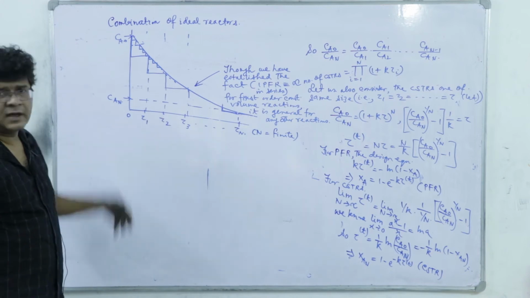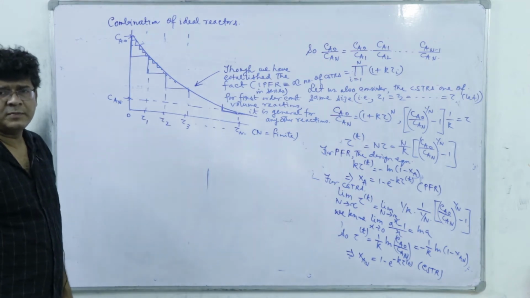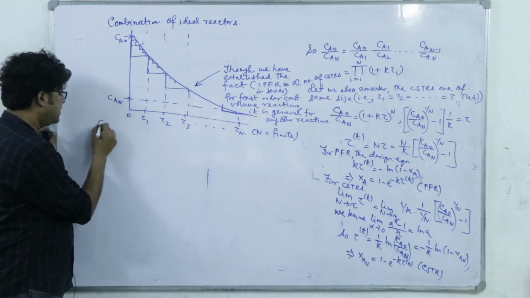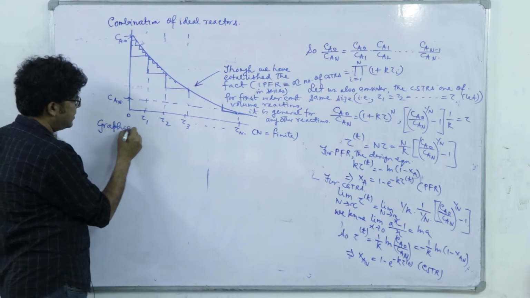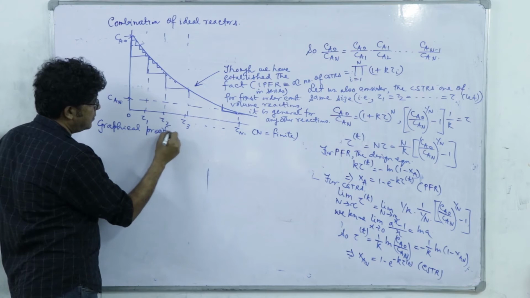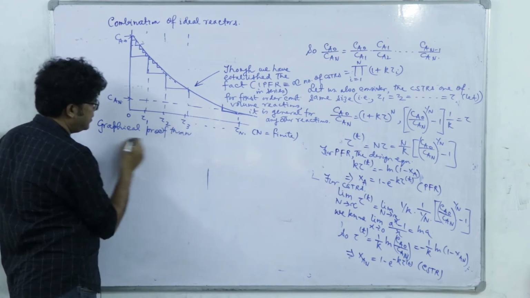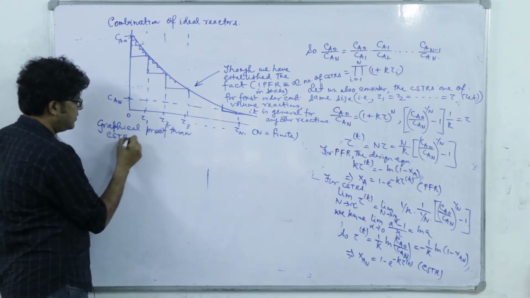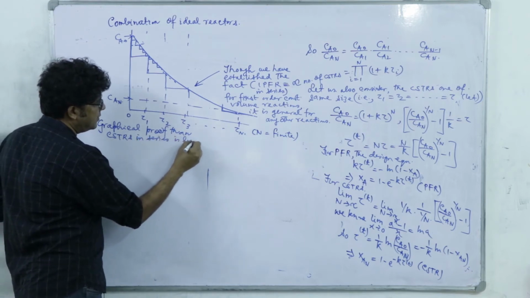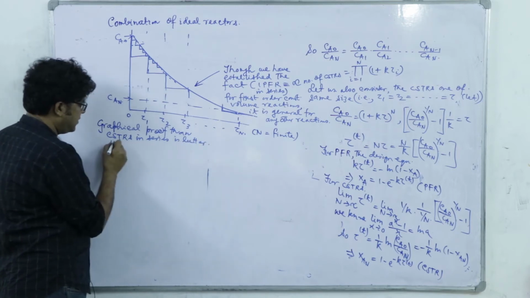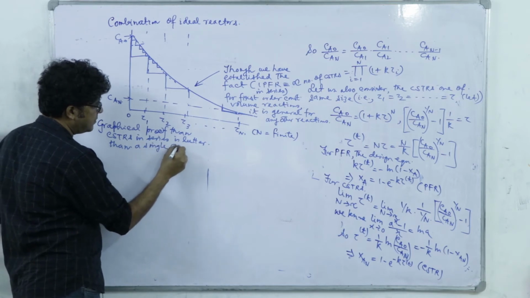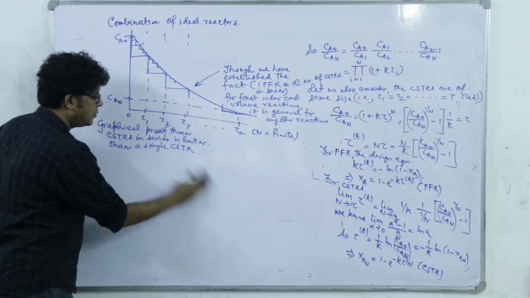Graphically, we can also establish that multiple CSTRs in series are always advantageous. Graphical proof that CSTRs in series are better than a single CSTR. Why?